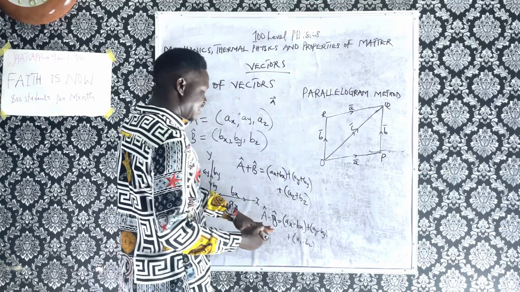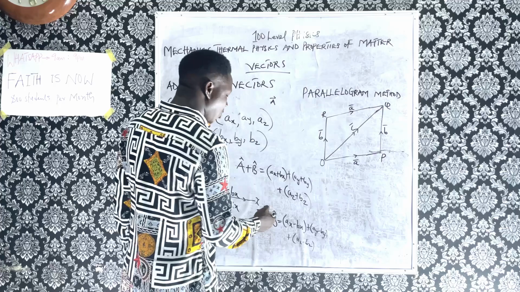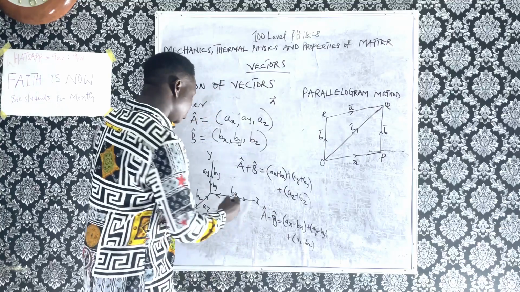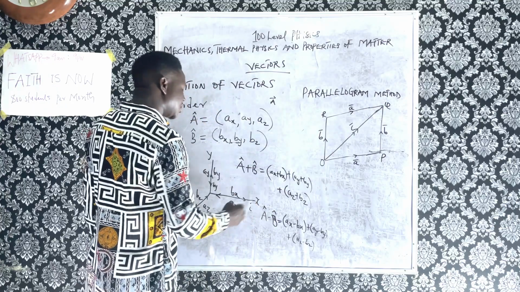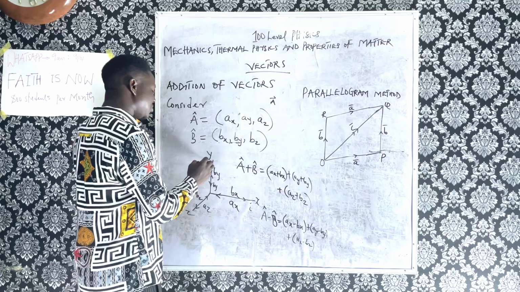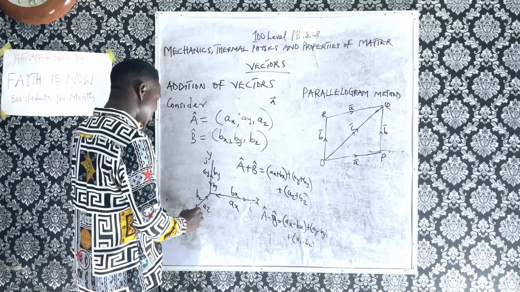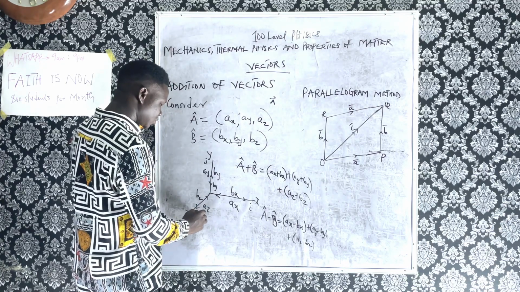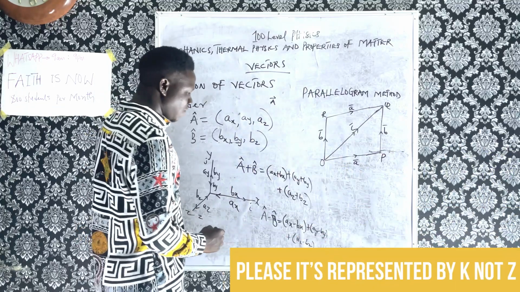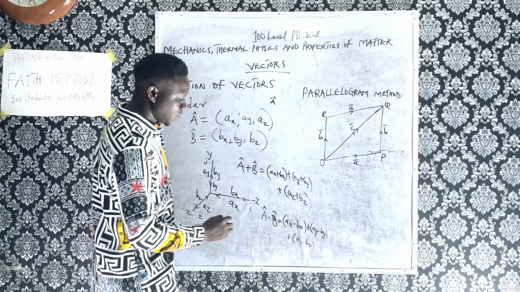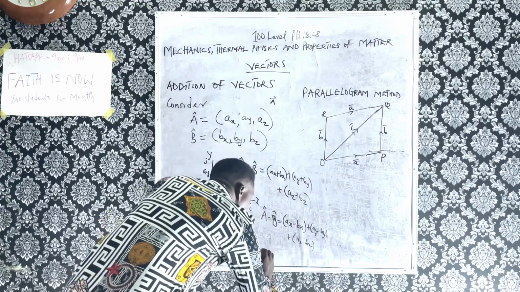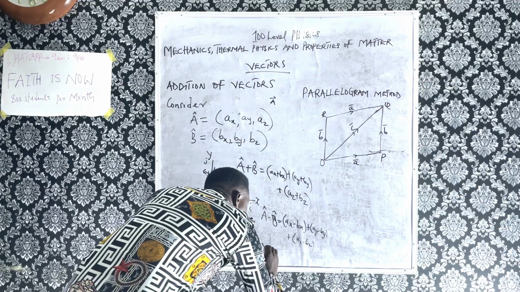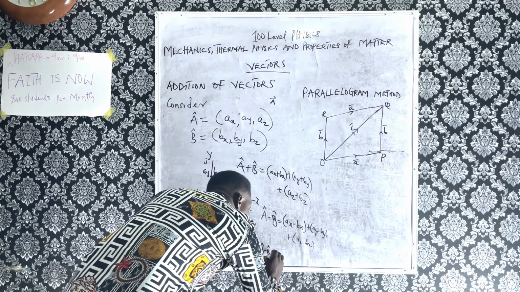So if I want to rewrite everything clearly here, I'll be attaching my i, because this axis is represented by i, then this axis is represented by j, and this is k.